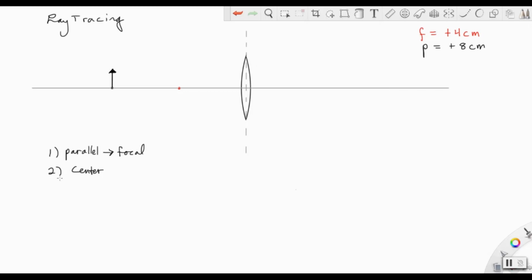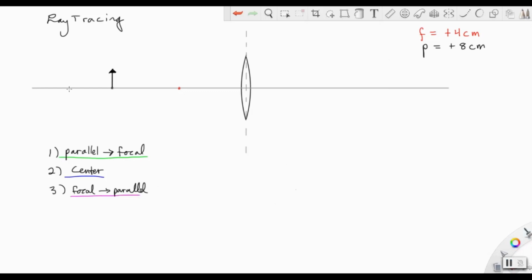So the third one will be the focal to parallel. Let's keep these individually color-coded. So we'll make the parallel to focal a green ray, we'll make the center ray a blue ray, and we'll make the focal to parallel a purple ray.